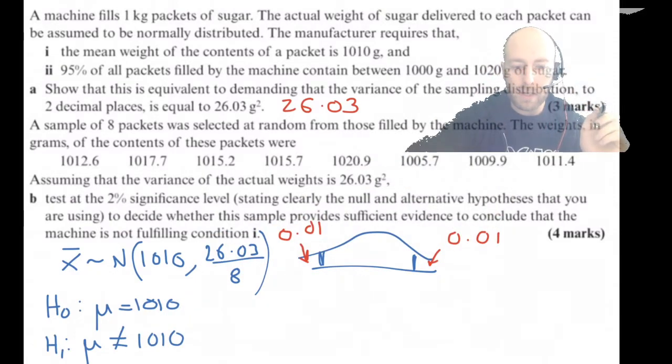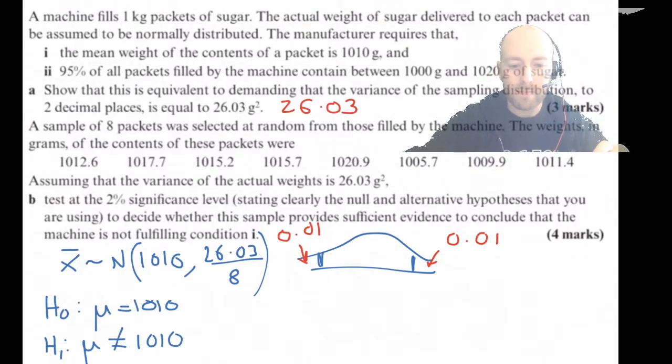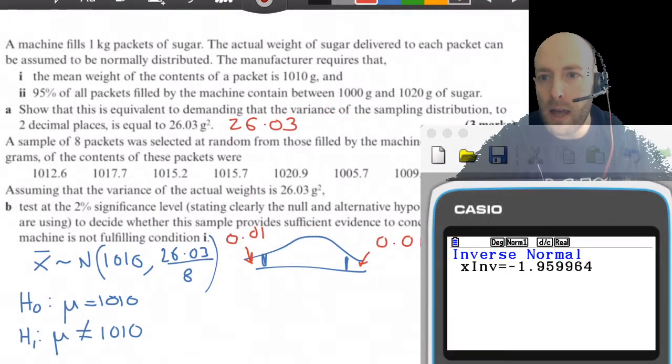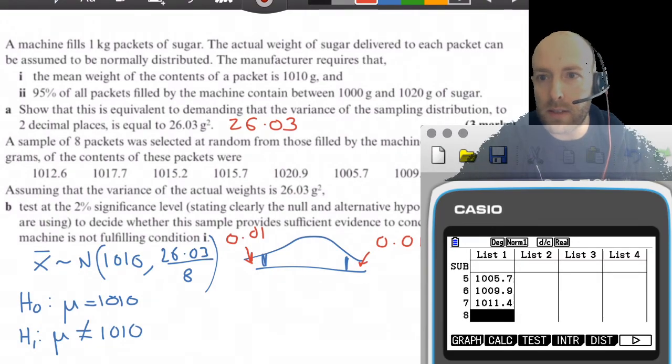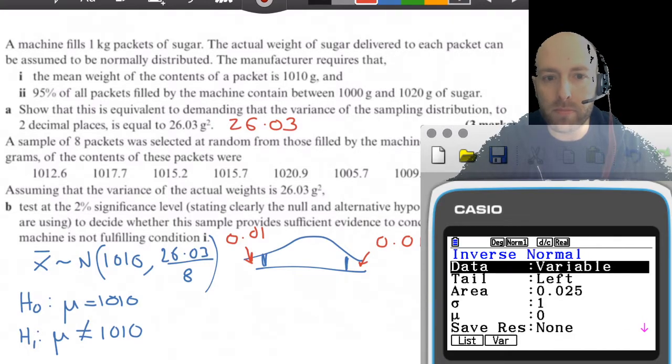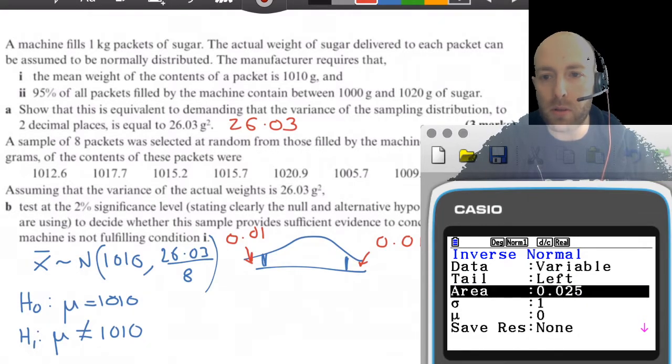So bring back the calculator. And we're doing inverse again with a tail. Well, we need to do left and right. So inverse normal. We'll do tail to the left first with an area of 0.01.